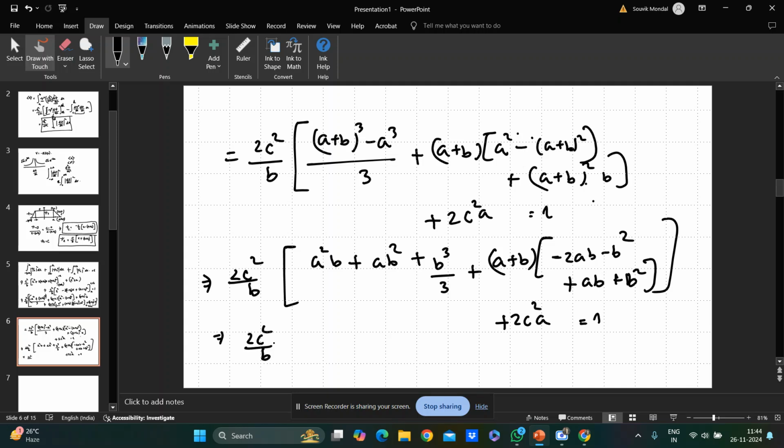2c squared by b. Okay, so a square b plus ab square plus b cubed by 3 plus a plus b into minus ab. Okay, so plus b square minus b square cancel, so this is minus ab plus 2c square a is equal to 1.